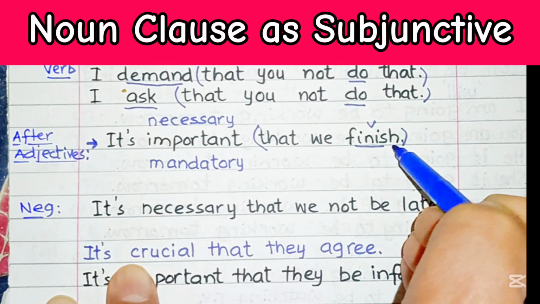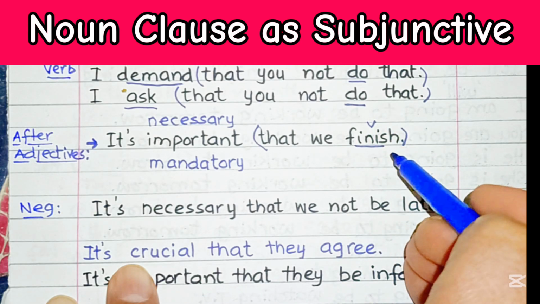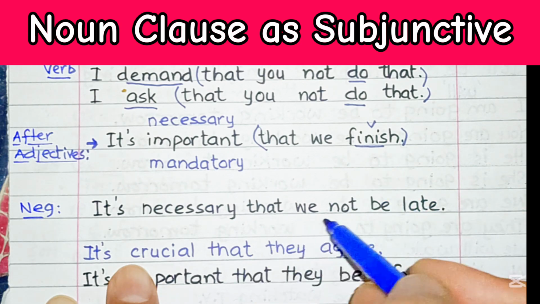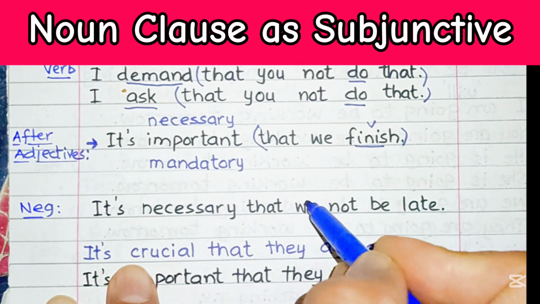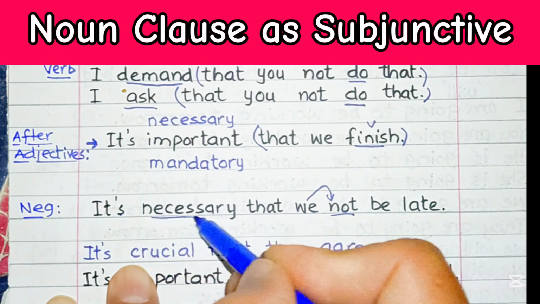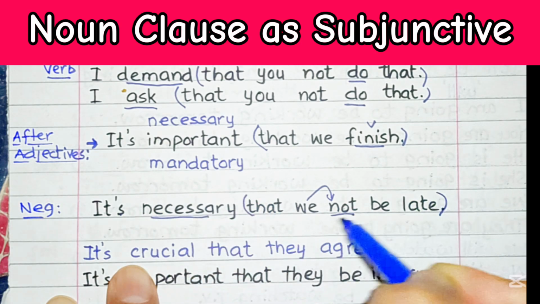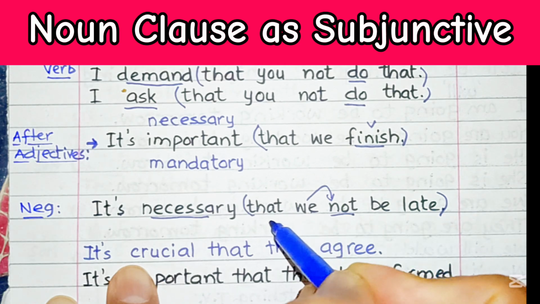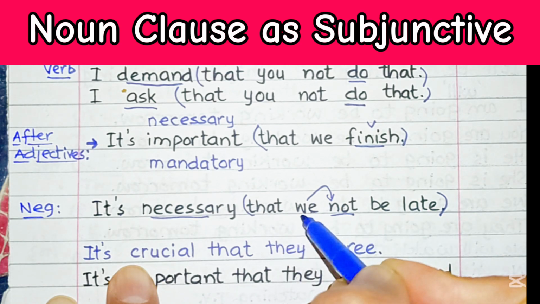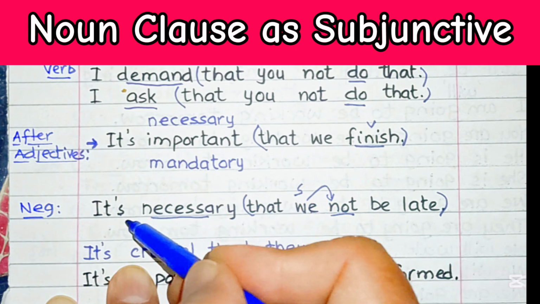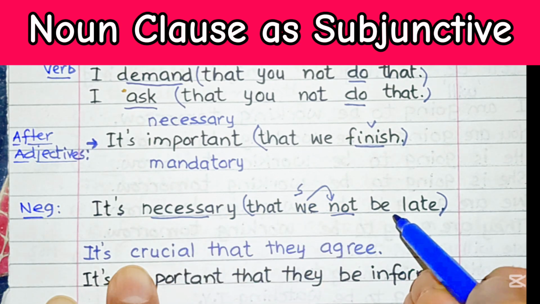If you want to make it negative, it's necessary that we not be late. We have to put not just after we, the subject. It's necessary that we not be late.